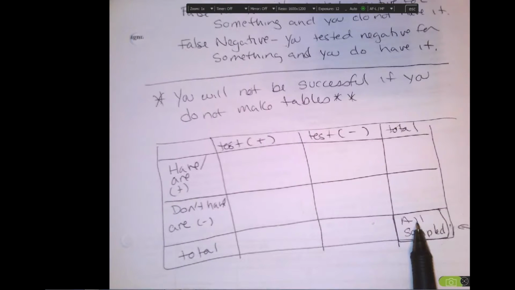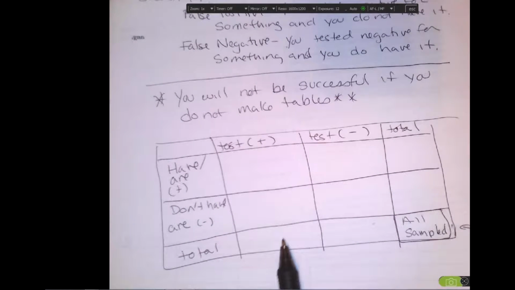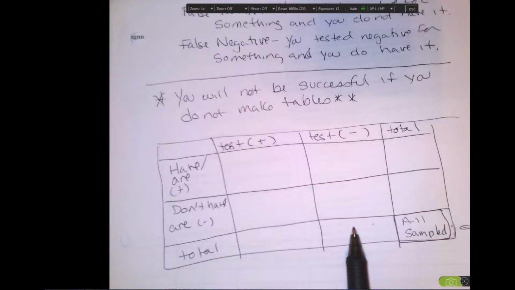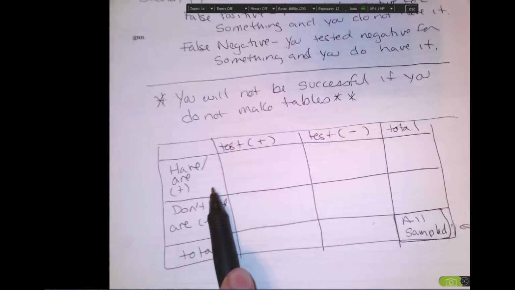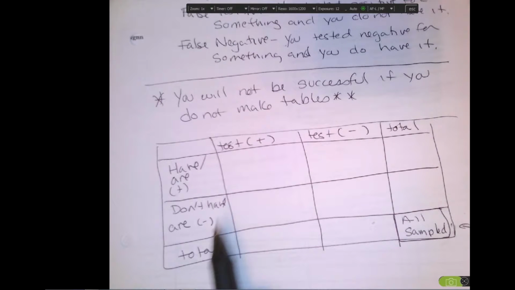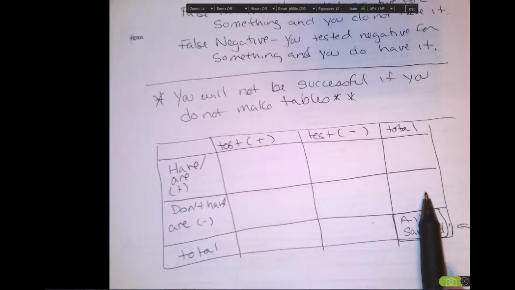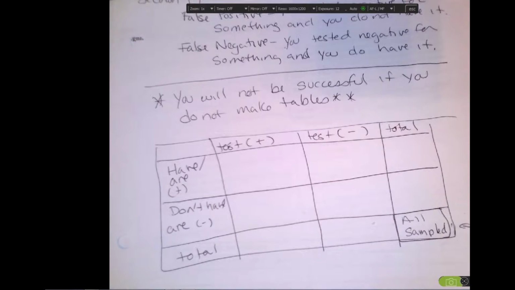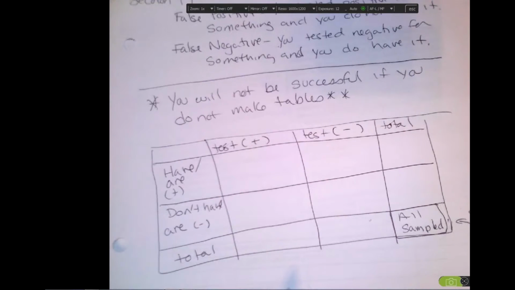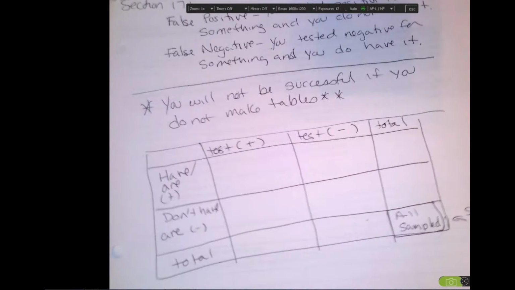Then you have a total column. You have a column for positive test results, negative test results. The top row means you actually have it, or are positive. The next row underneath that means you actually don't have it. Okay? So once you learn to fill in the table, the computations are not bad. Okay?